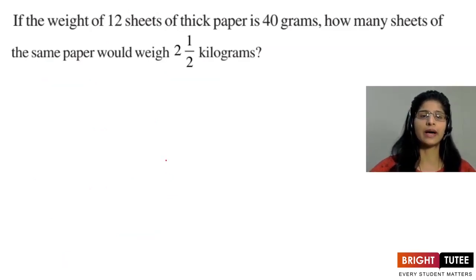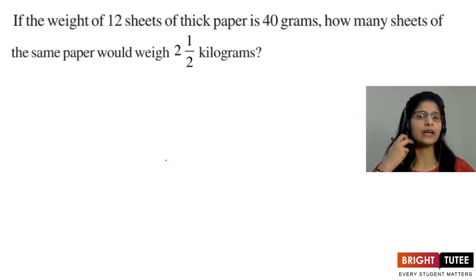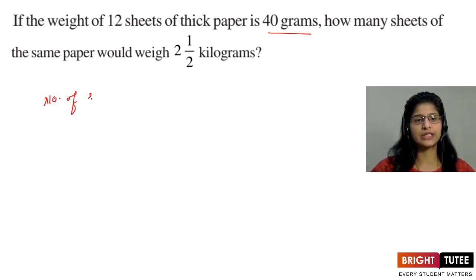Now next part here, they're saying if the weight of 12 sheets of thick paper is 40 grams. So the number of sheets is given to us and the weight of the sheets is given. So the number of sheets is given as 12 and the weight is given as 40 into grams.